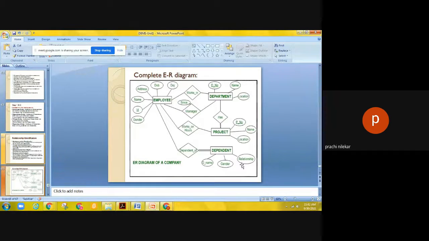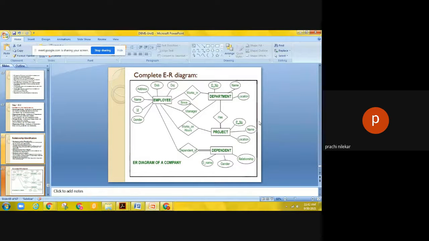And for the dependent, there is no need for any key attribute because it's a dependent entity. Why is it dependent? Because there is no specific attribute which uniquely identifies the dependent. So there is no key attribute available.